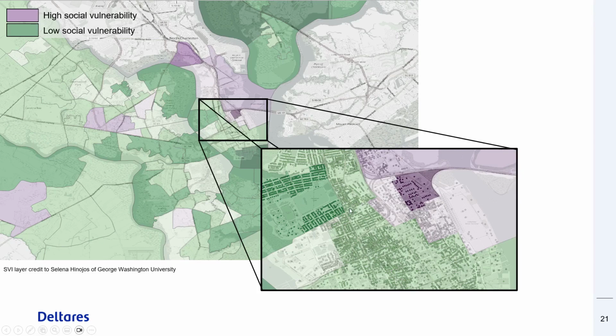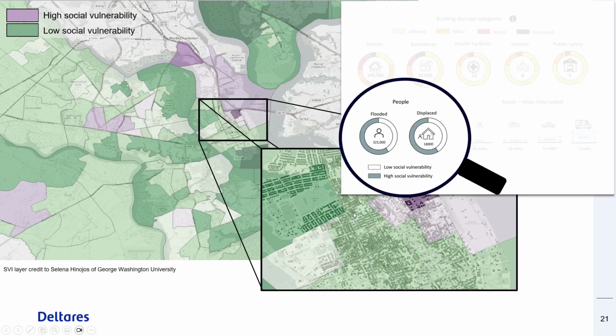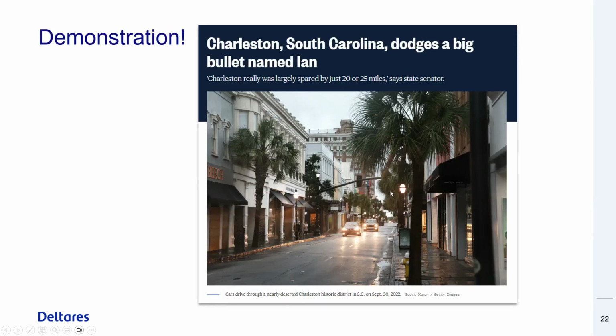And what this means is that when we run a flood simulation, we can actually look at the results and identify how much of the impacted population is actually of a high social vulnerability. This helps if you're evaluating different measures and you want to know who is benefiting from these measures or who is going to be more at risk under future conditions.